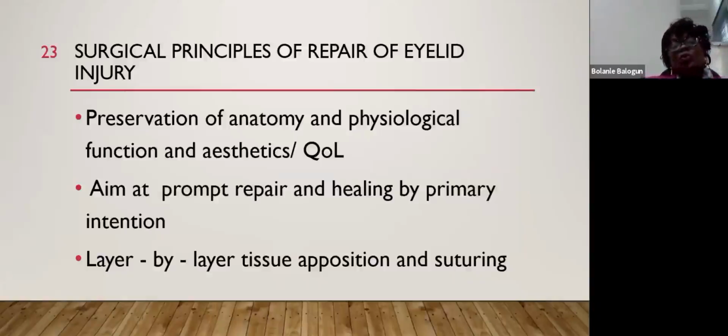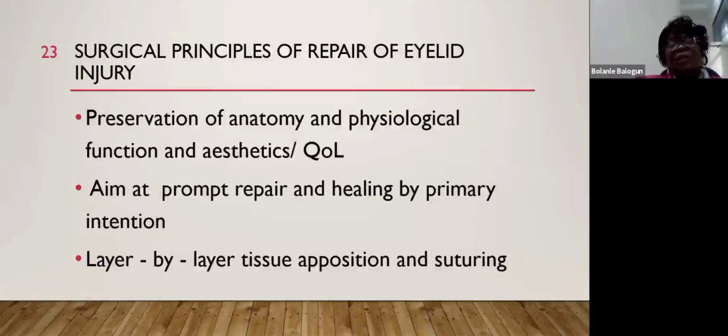And you also want to give this patient the beautiful aesthetic look that everybody likes, and that way you also improve the quality of life of these patients. Because when the eyelid has any malformation, that's the part of the body that everybody looks at initially. That can mean a lot to the patient, can reduce their self-esteem. You may not be able to get a job and things like that.